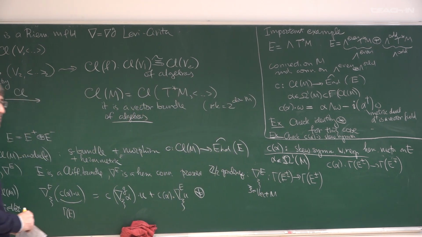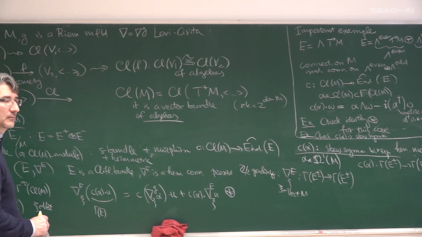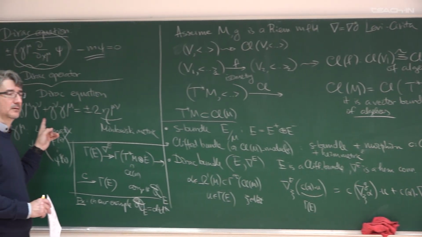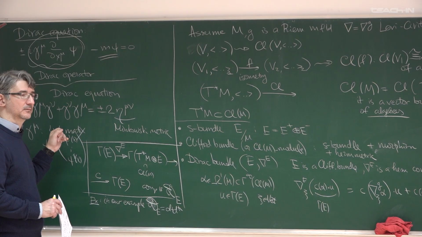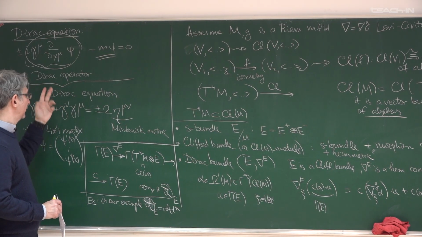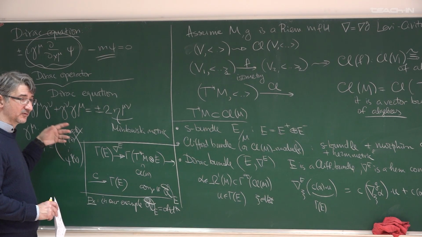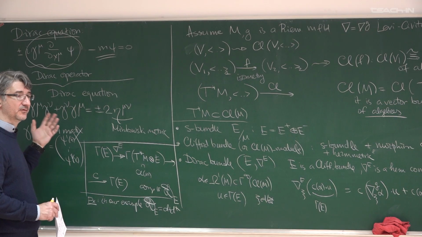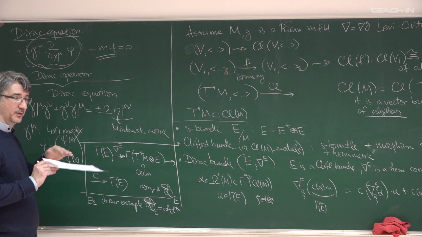And in that example, in coordinate form, what is... Sorry? Here? Above. It's for any E. No, this example was in a specific setting because the manifold is Minkowski space.